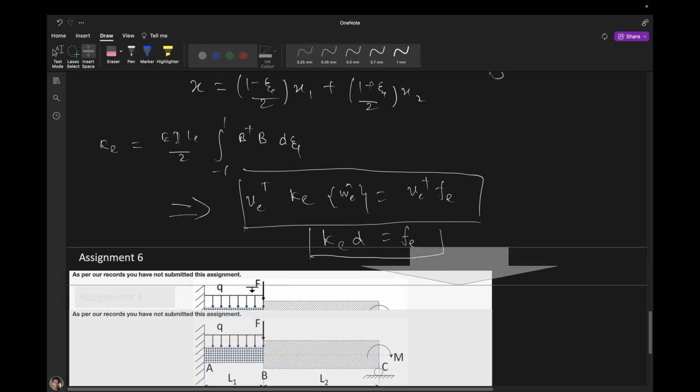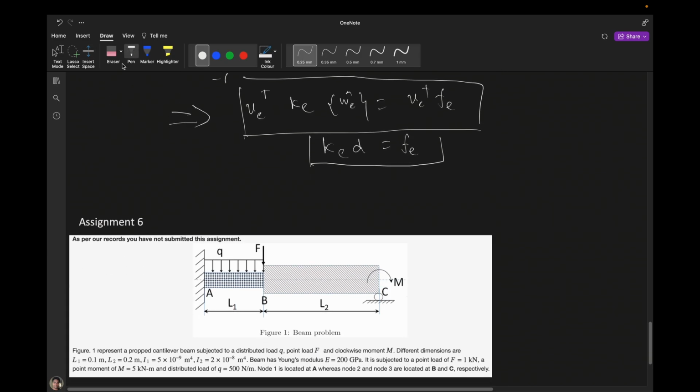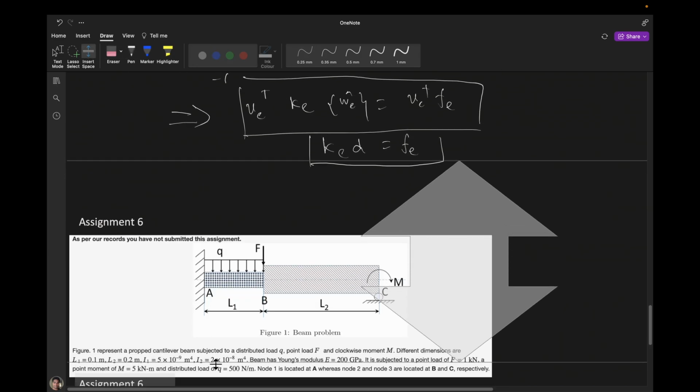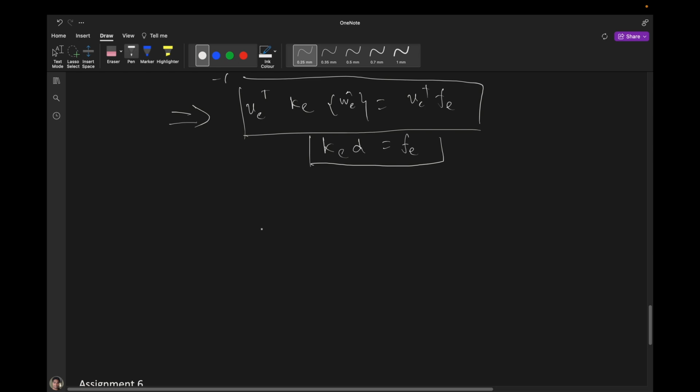Before moving to that, we will note every data which was given.